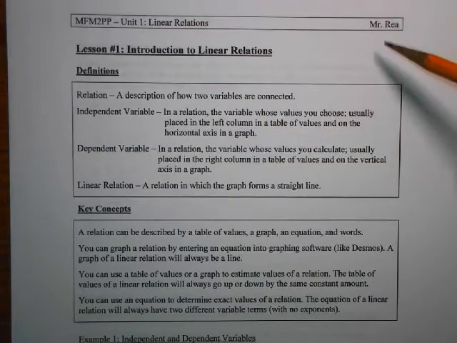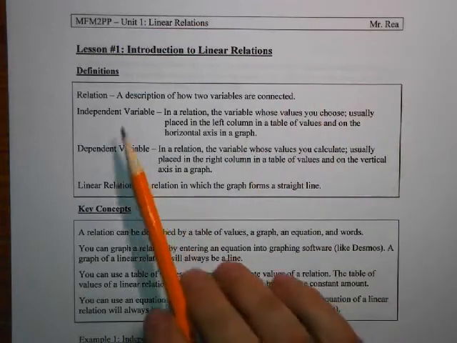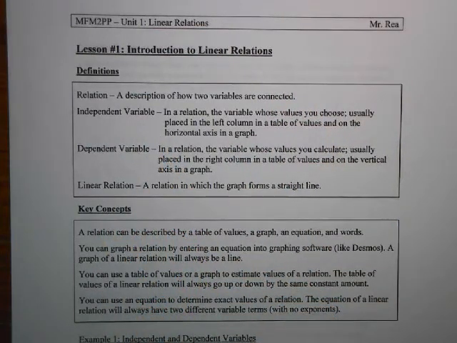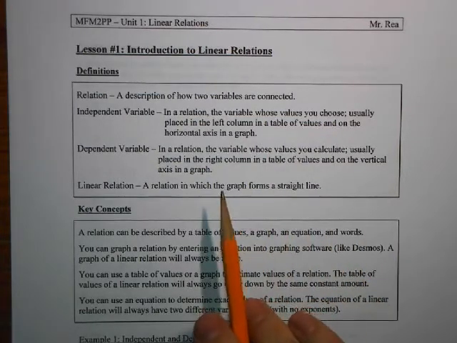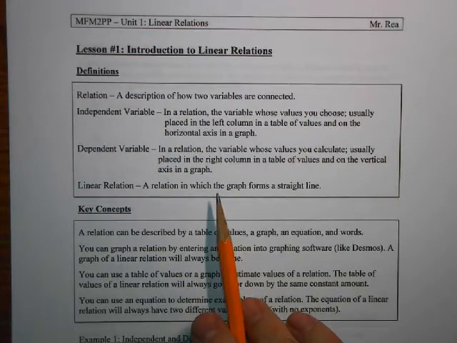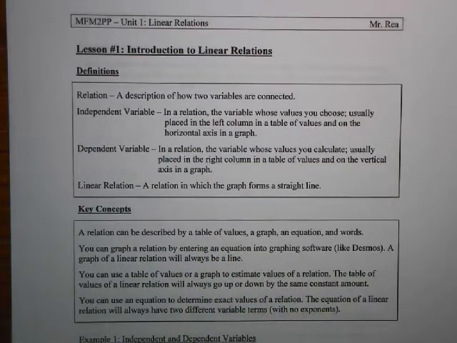So a relation is basically a description of how two variables are connected. They have to be connected. Something like the number of hours you study for your math test and the mark you get on the math test. Those seem to be two different variables or two different pieces of information that would be related to each other.